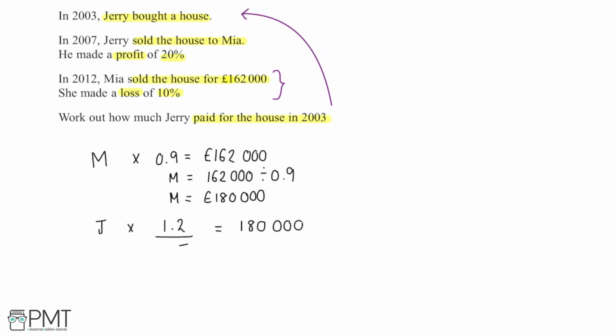So J is equal to 180,000 divided by 1.2, and that gives us an answer of 150,000. And J was the original amount that Jerry bought the home for, because that's what we assigned the variable to be. So in that case, we've come to the correct final answer.